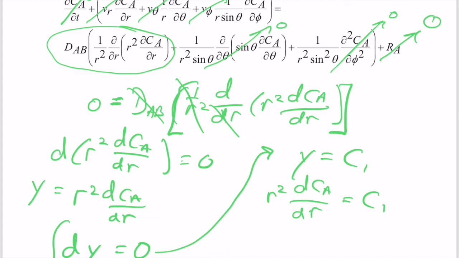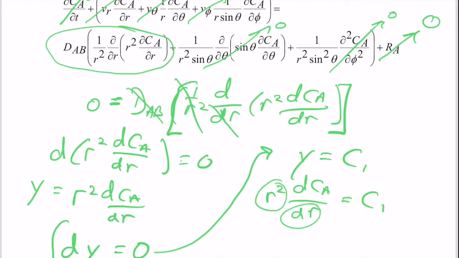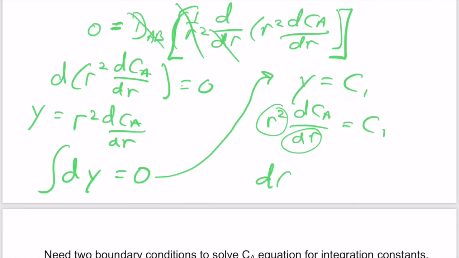And let me divide by r squared and multiply by dr, so I get dCA is equal to C1 over r squared dr. All right, and now I can integrate this.